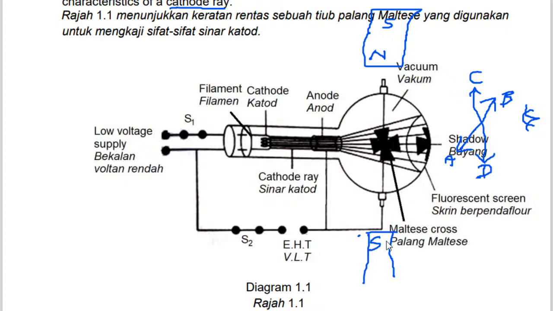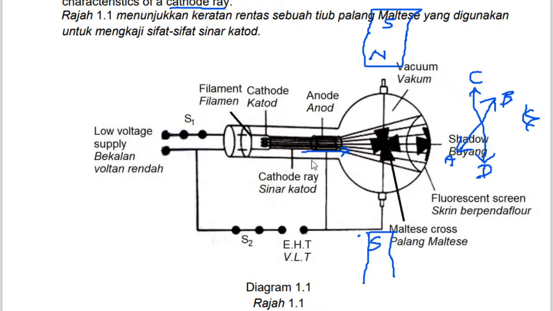Use your left hand, then the current, where is current? Current will be opposite to the direction of cathode ray. Since cathode ray is moving to the right, current will be in the opposite direction. Cathode ray is electron, right?